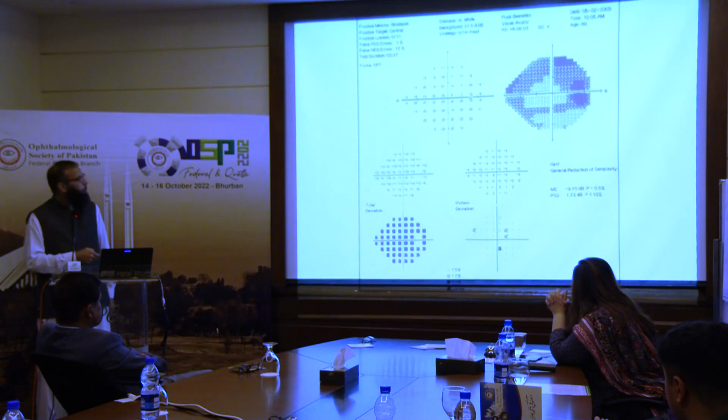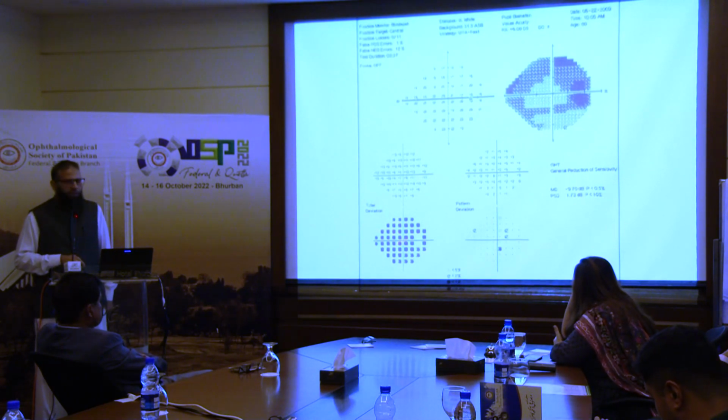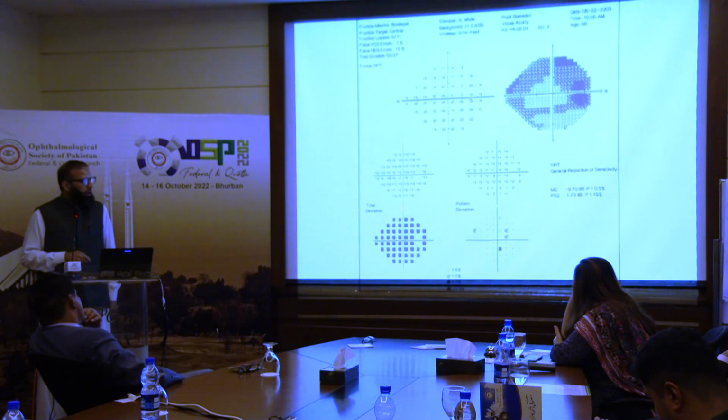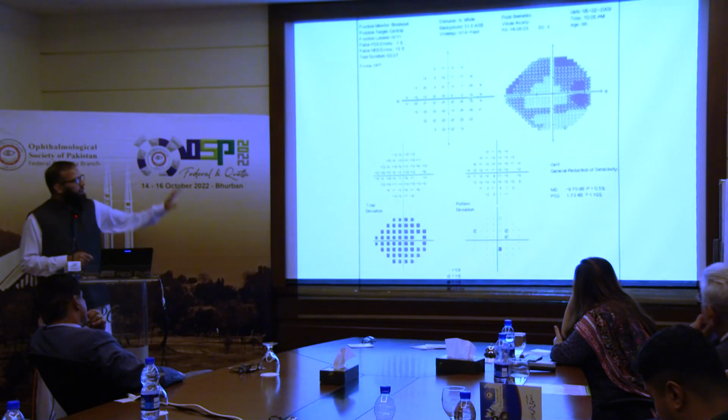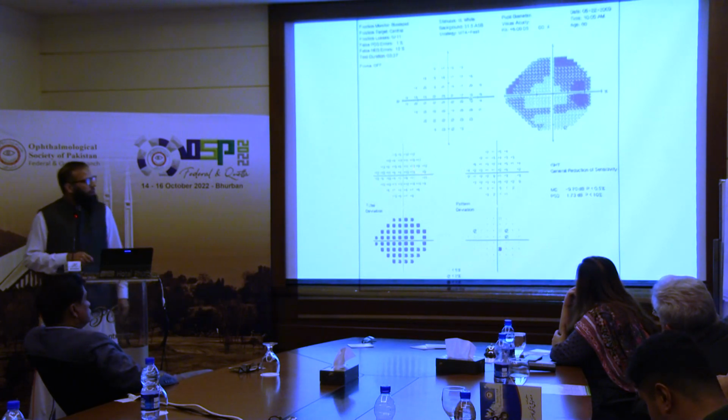Here we can see that the gray scale and the total deviation plot are darker as compared to the pattern deviation plot. Of course we are considering that the reliability indices are within normal limits.